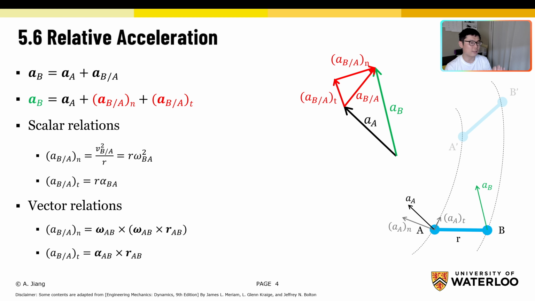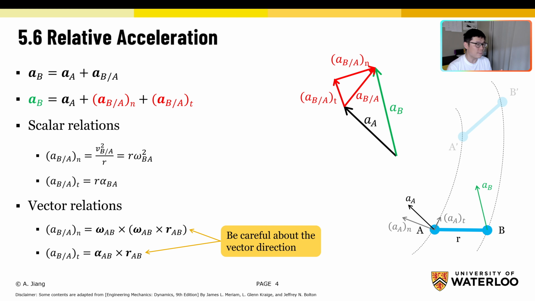Then let's look at the vector format, using what we already know as well, but just applied to the relative acceleration format with the subscript B/A, B relative to A. I reminded you about the vector direction before in lecture 22, so be careful to distinguish between the position vector B relative to A versus the RAB.